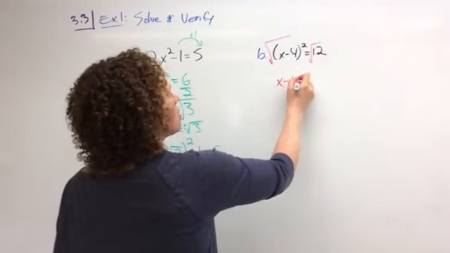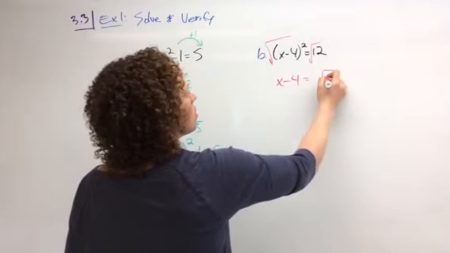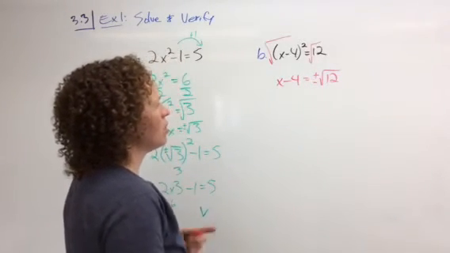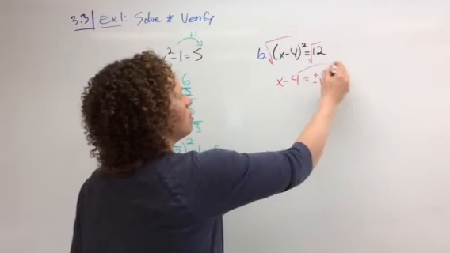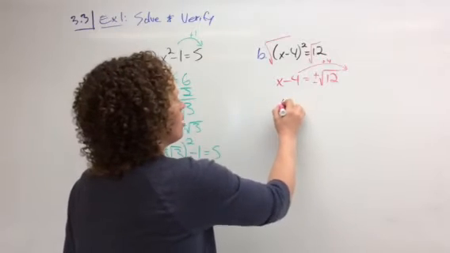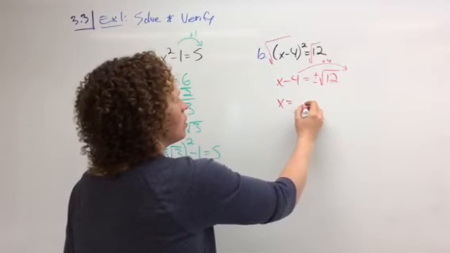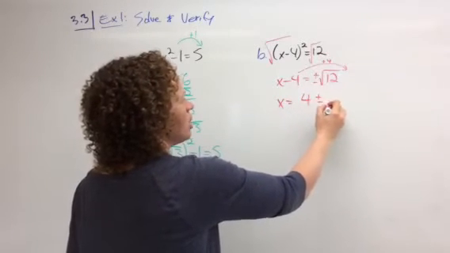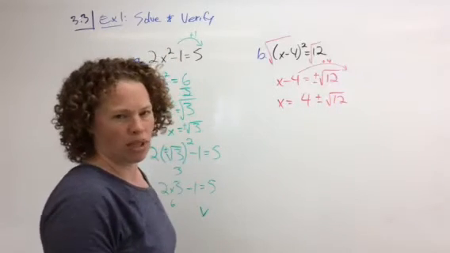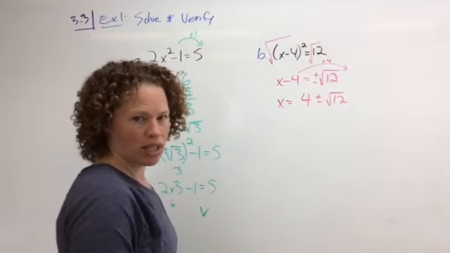We are left with x minus 4 equals the square root of 12, remembering that this could be positive or negative. Now, in order to get x by itself, all I have to do is move the 4 over and make it a positive 4. So x is going to be equal to 4 plus or minus root 12. Order doesn't really matter which way you write it. Your book's going to write it this way.